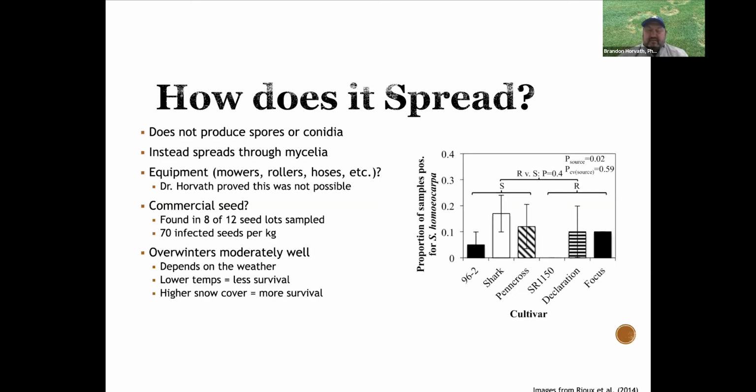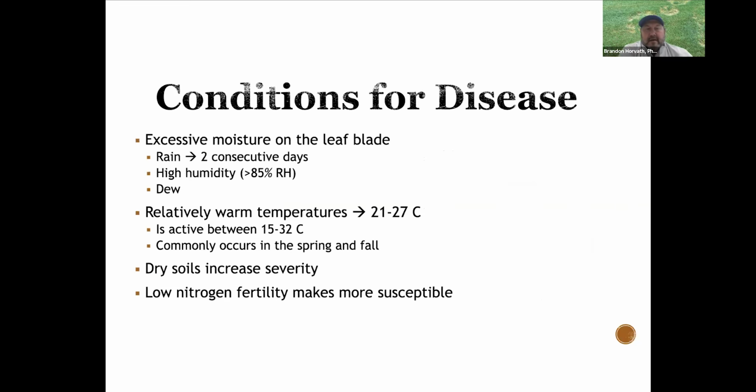That's really one of the reasons why this ends up being similar all over the place, because it's coming from a similar location. And this is just a graph that shows the presence of organisms, and the presence of the organism of dollar spot in it.